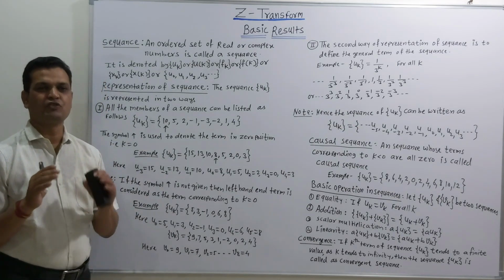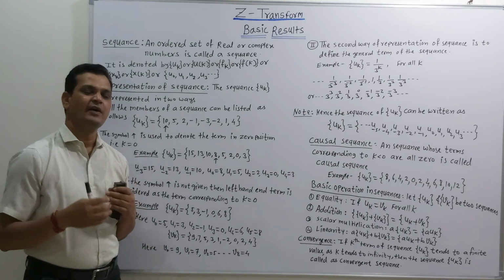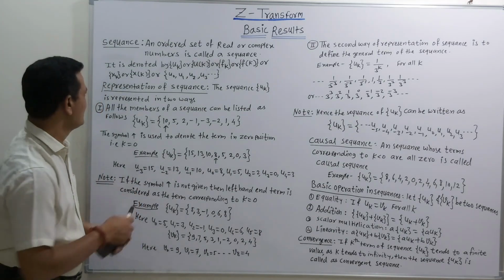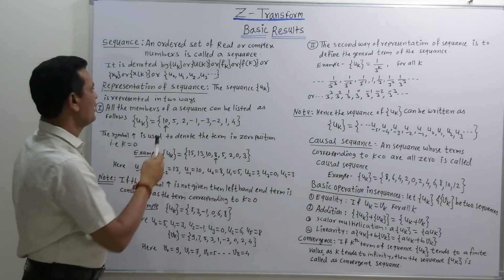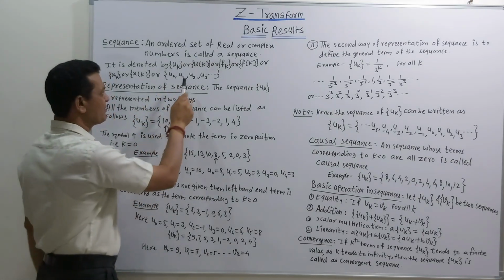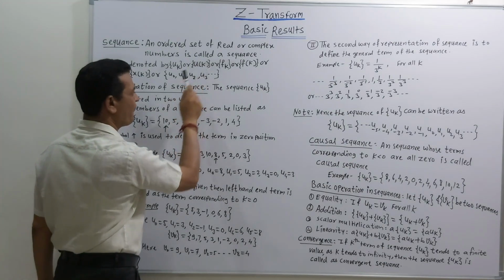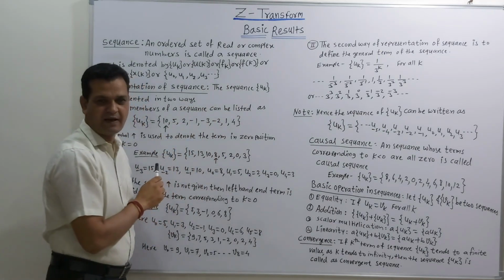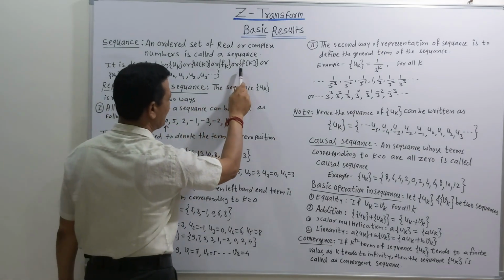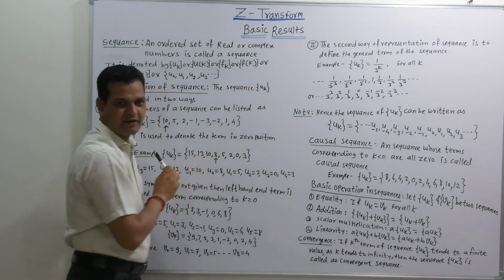Generally, different people use different ways for denoting the sequence. Some people denote a sequence by curly bracket {U_k}, or some people denote this by U(k) in curly bracket, or by {F_k}, or {F(k)}.